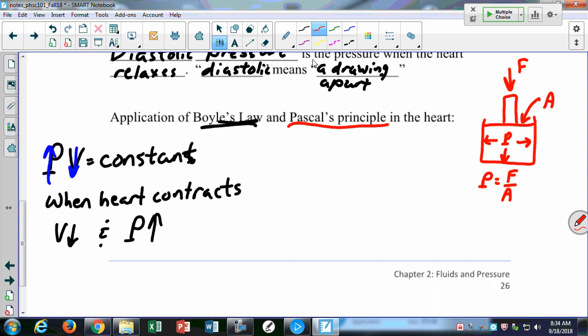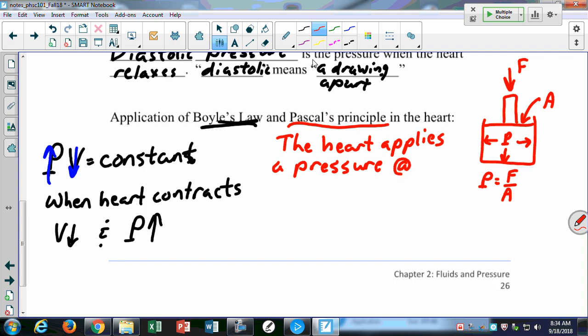All right, so Pascal's principle in the heart applies a pressure at contraction. That increases the pressure throughout the body.